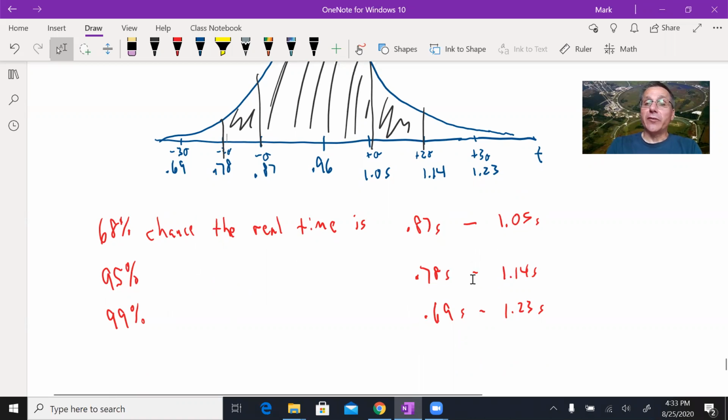Well, between 0.78 and 1.14 seconds, 2 standard deviations out in both directions, there's a 95% chance it's in that range. Go 3 standard deviations, and now we're up to about a 99% chance that you're in this larger range of 0.69 to 1.23, and so on.